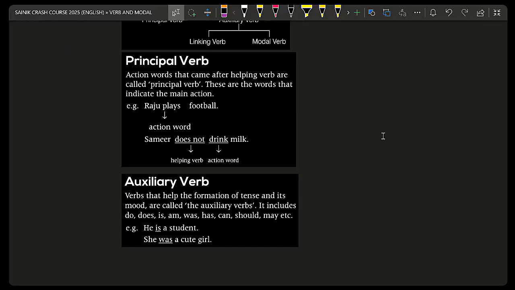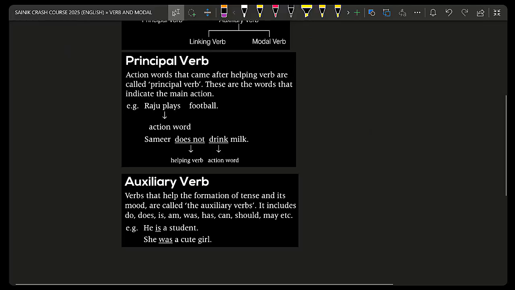It includes do, does, did, is, am, was, were, has, have, had, can, could, should, may, might, etc. So these all come under auxiliary verbs. He is a student. What is the auxiliary verb in this? Is. She was a cute girl. Auxiliary verb is was. Auxiliary verb is also called helping verb.